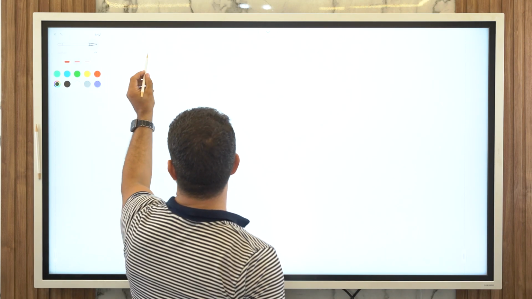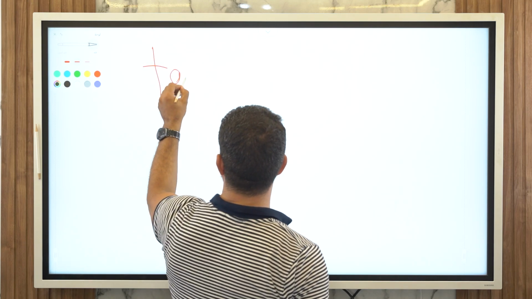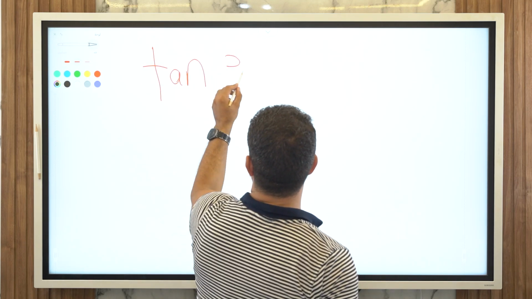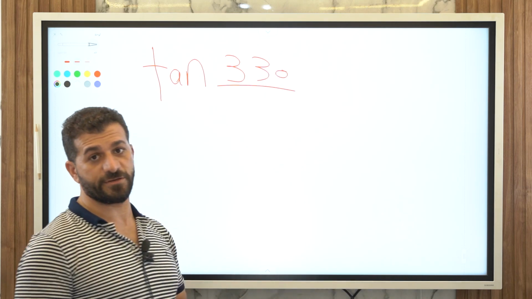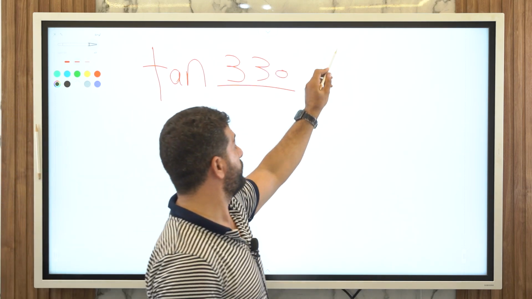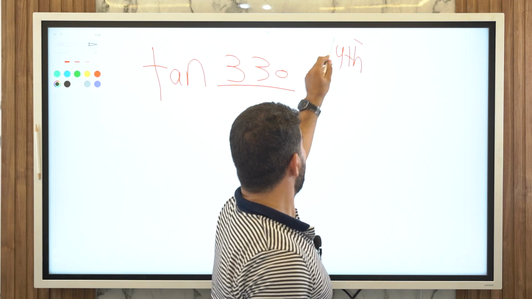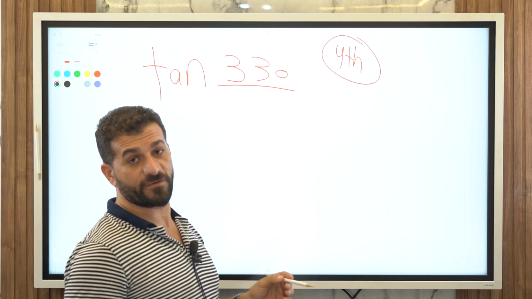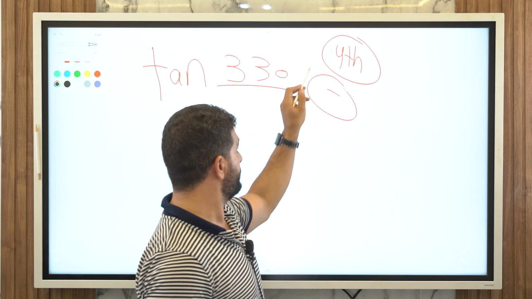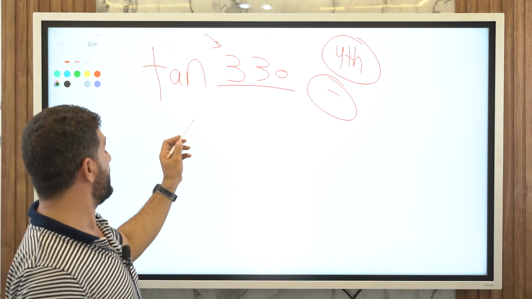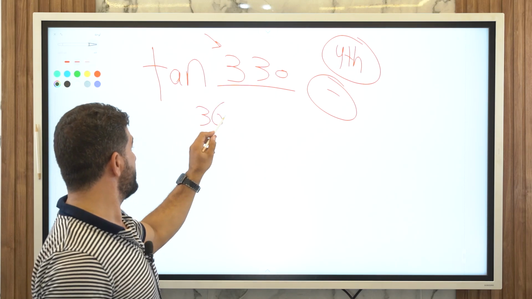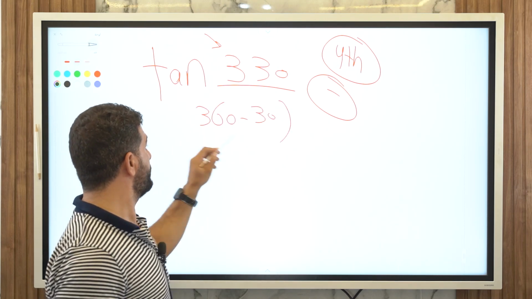Here, if I asked about tan 330. In which quadrant? In the fourth quadrant. What is the sign of tan? Tan in the fourth quadrant is negative. How can we express 330? We can express 330 as 360 minus 30.